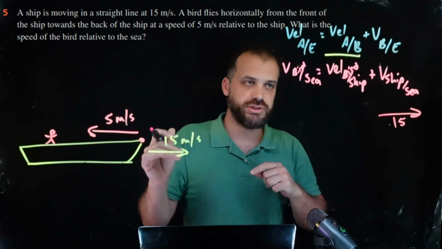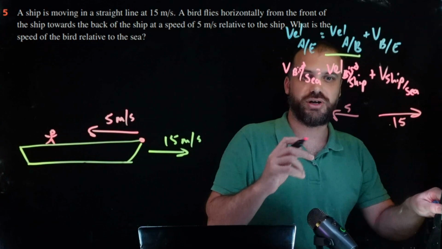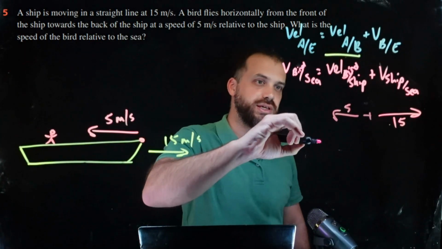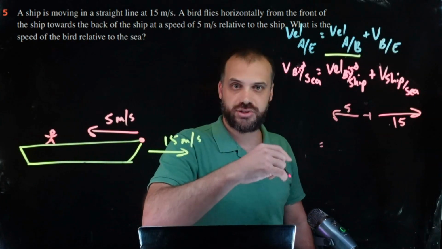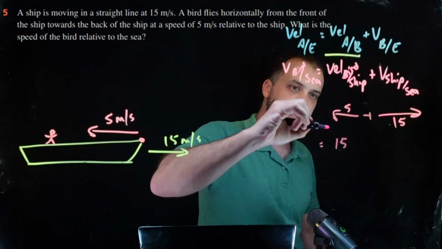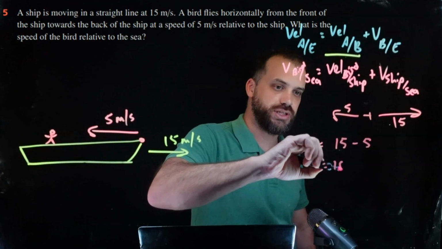Now, the bird relative to the ship is this, 5. All right, and we're adding those together to get the bird relative to the sea. So that is just going to be 5 minus 15, which is minus 10.